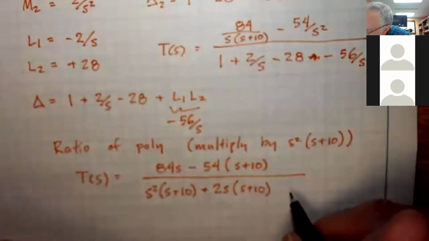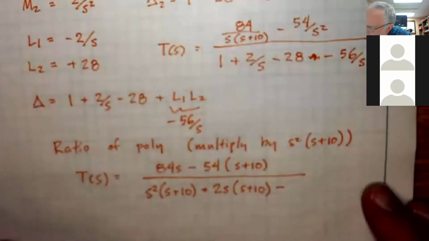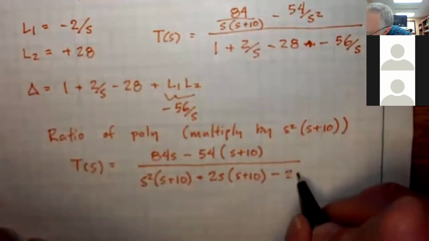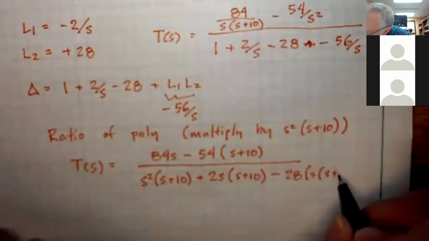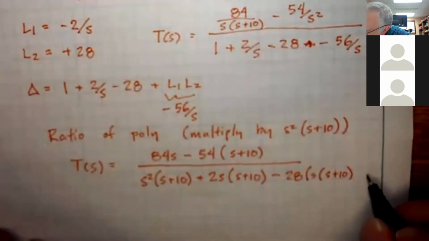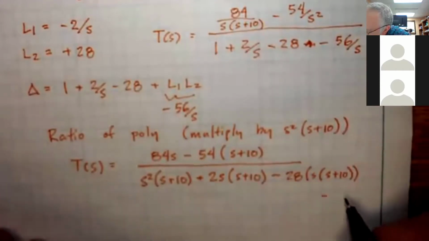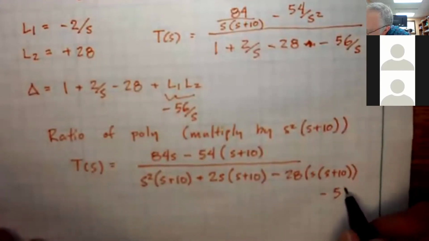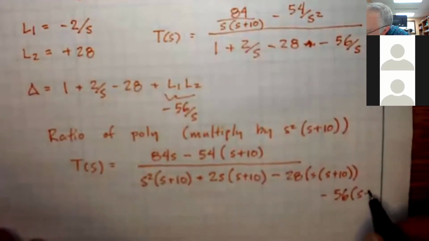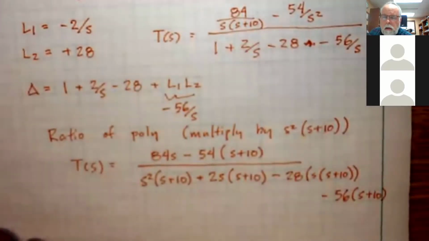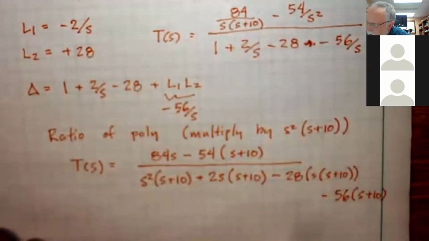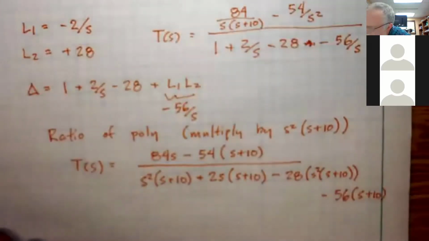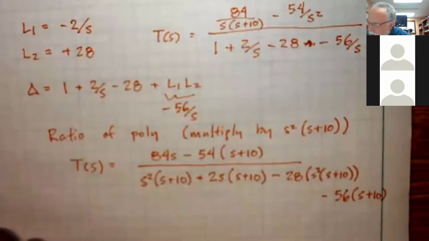Nothing cancels out on the next one. Minus 28 times S plus 10. And then we're left with minus 56 times S plus 10, because the S here is going to cancel out with one of the S's. So, oh, hang on here. S squared right here. That should be S squared.